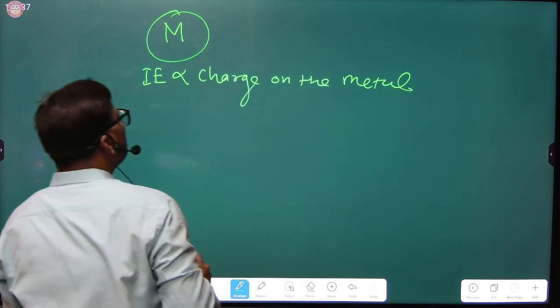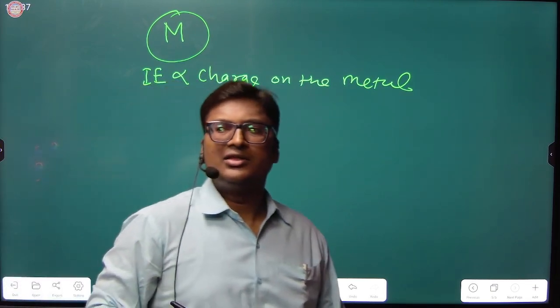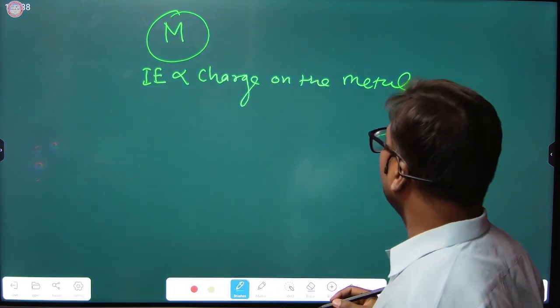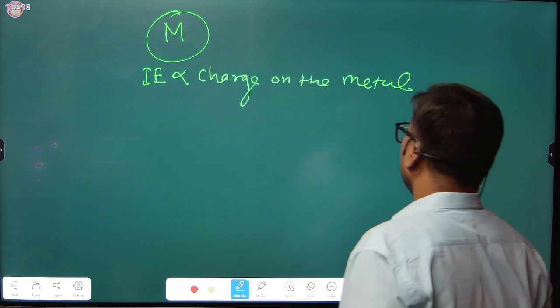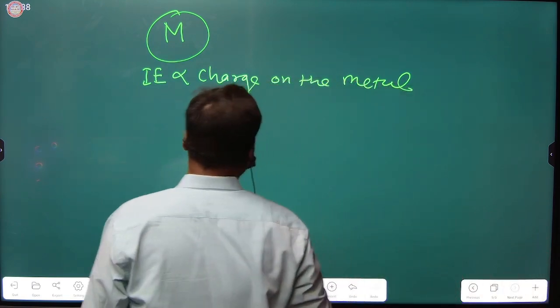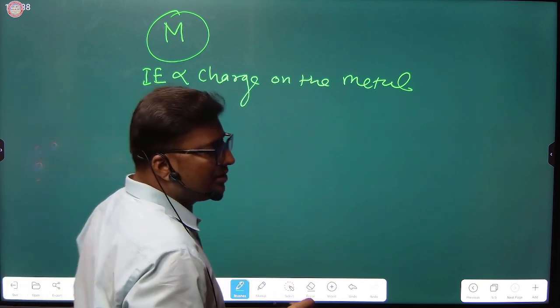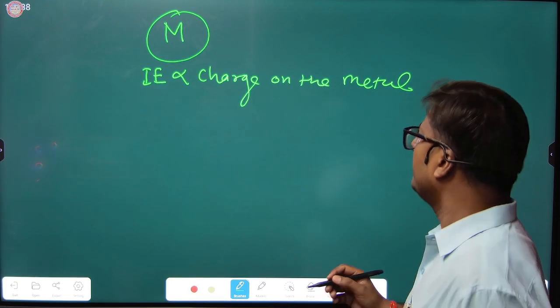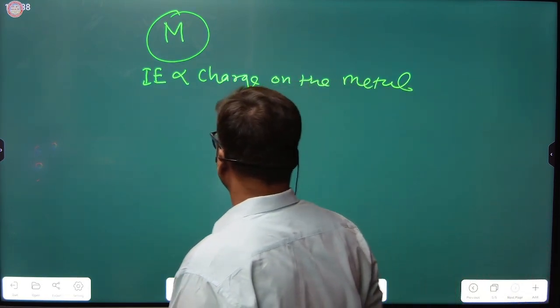The greater the charge density on the metal, the harder it is to remove the outermost valence electron, and hence more ionization energy is needed for highly charged species.